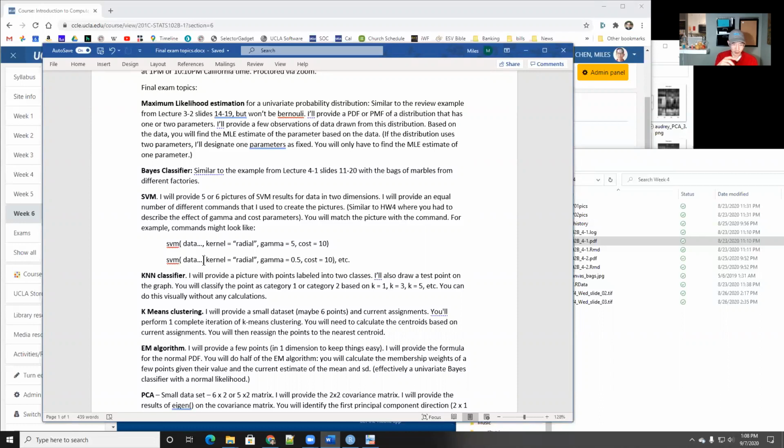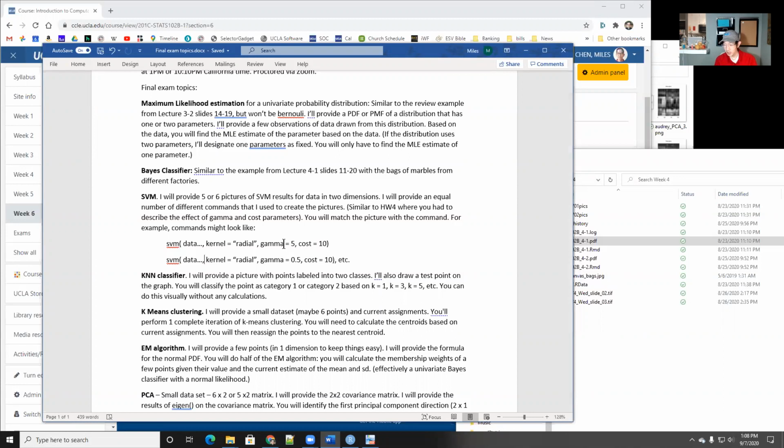If the borders are really squiggly, that probably corresponds to a high gamma. If things are less so, it probably corresponds to a lower gamma, and things of that nature. I'll have different cost values and different gamma values.